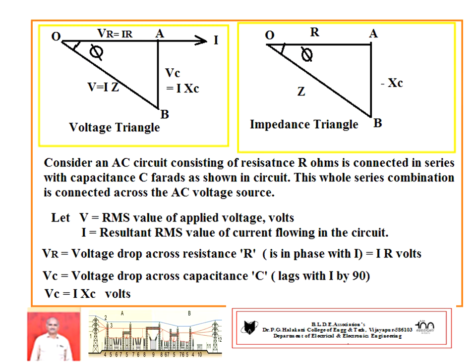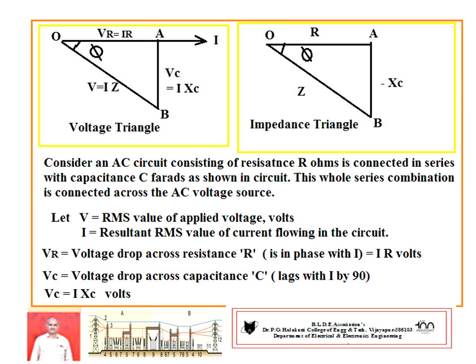Vc is on the negative y-axis, Xc is on the negative y-axis, so minus Xc value should be taken. So, applied voltage V, that is OB, should be equal to the vector sum of VR and Vc, the respective voltage drops. And similarly draw the impedance triangle.